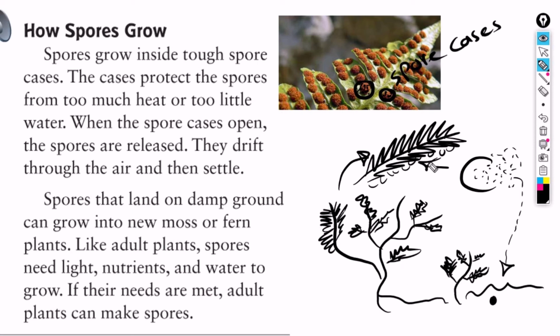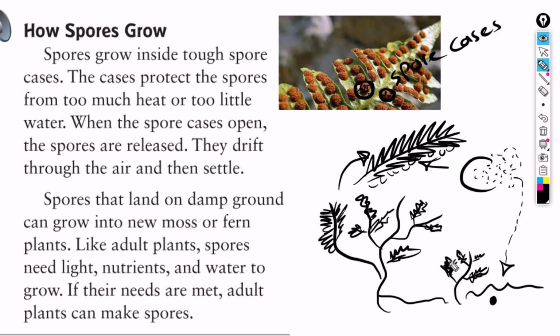That is the cycle of the fern, the simple cycle. Of course we will talk more about the fern's cycle, but in general that is the way the plant grows again and makes another fern.